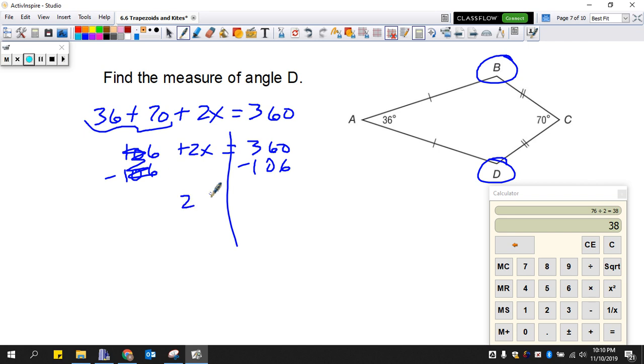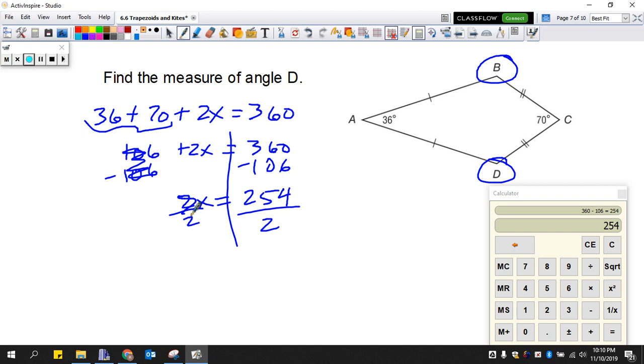2x is equal to 360 minus 106, which is equal to 254. Divide everything by 2.